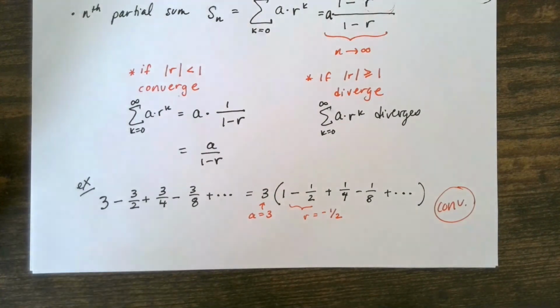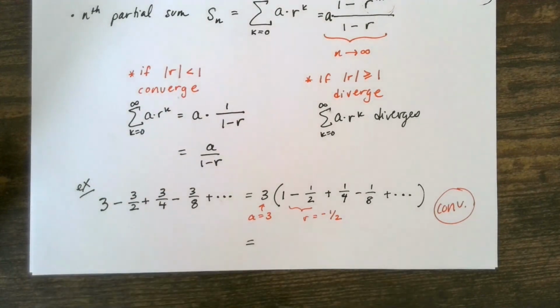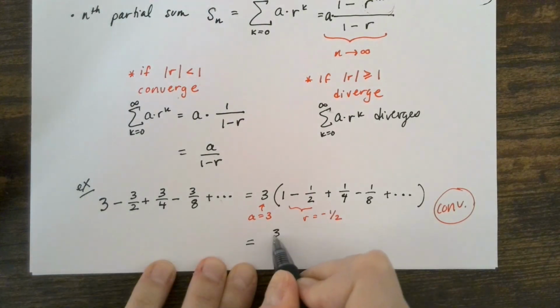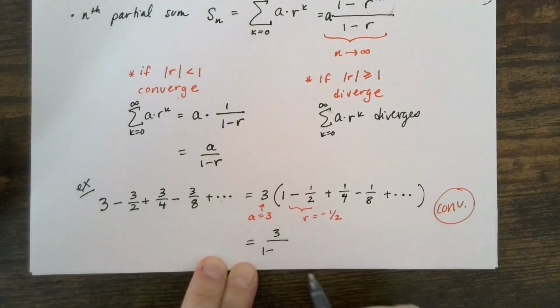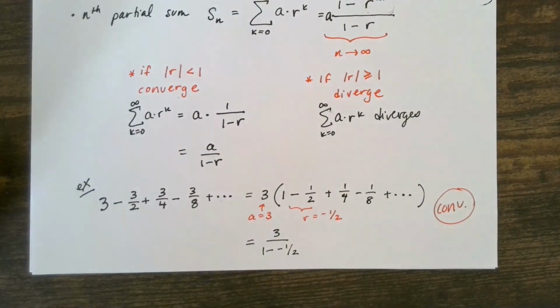To find exactly what it adds up to, we'll use our formula for the sum, which is A over 1 minus R. We've already done all this work to compute the A and the R. So we have 3 over 1 minus, and then my R was negative 1/2. This is A over 1 minus R, but R was a negative number, so that negative number goes right into that spot of the formula.